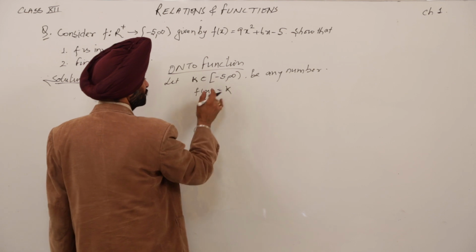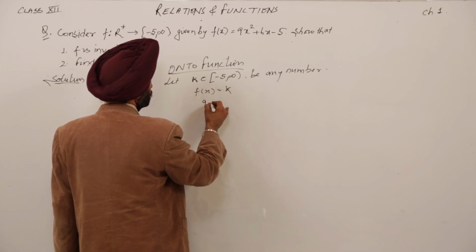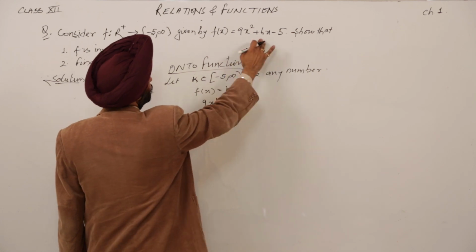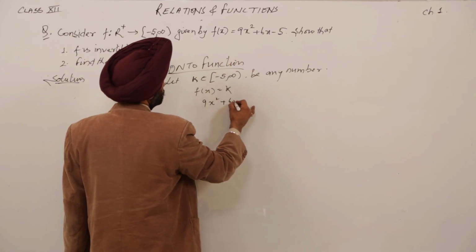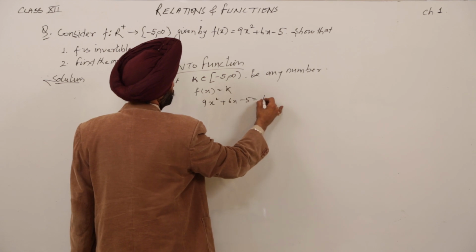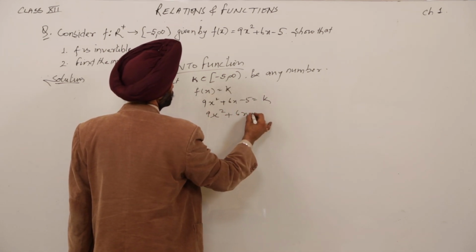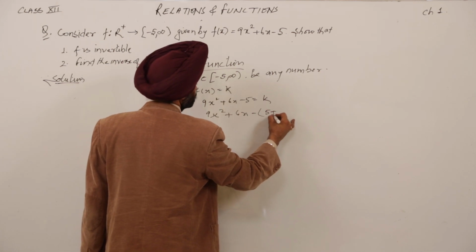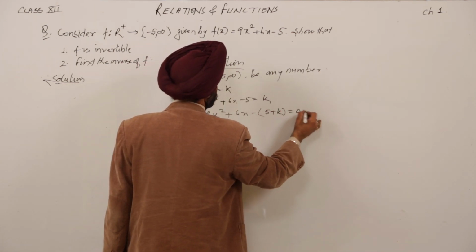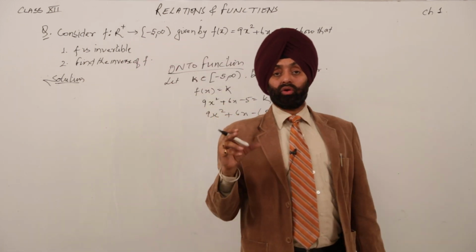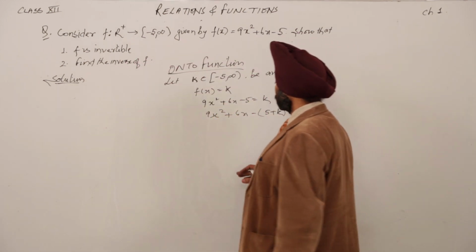Now when f(x) = k, we write 9x² + 6x - 5 = k, as f(x) is given. Now this becomes 9x² + 6x - 5 - k = 0. Which type of equation is this? This is a quadratic equation.